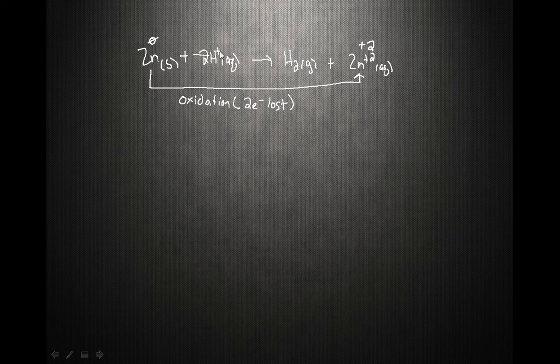Hydrogen, on the other hand, has gone from +1 to 0. So that is a reduction. And 2 electrons were gained, and that is for both hydrogens. Each hydrogen got 1.